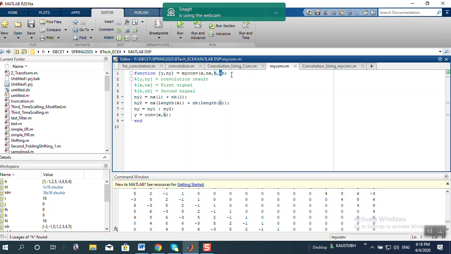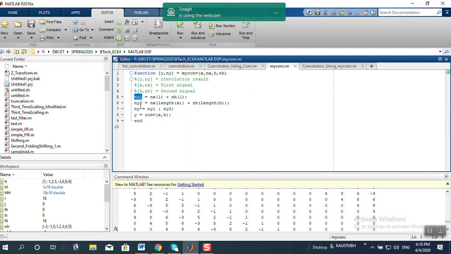So at least 4 input arguments are needed: x, the input signal, along with its time scale nx, and the impulse response h along with its time scale nh. So here I have written the command line. y is the convolution result, x is the first signal, h is the second signal, the impulse response.